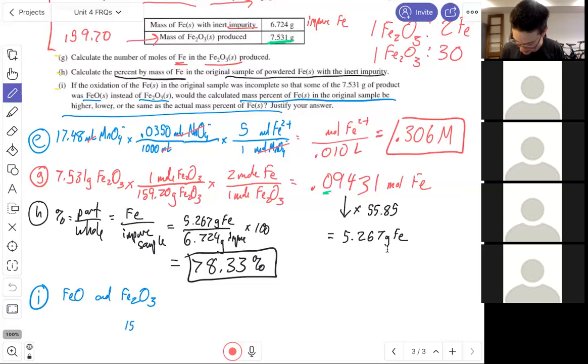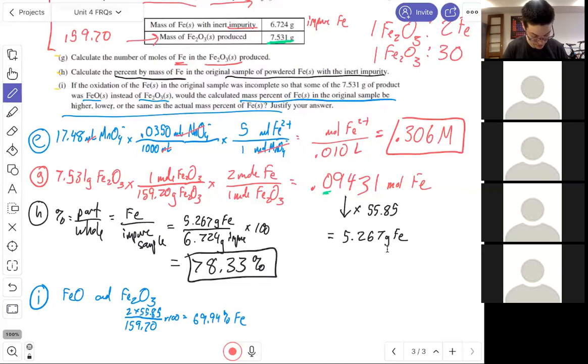We already said that the molar mass of this was 159.70. So 2 times 55.85, so that mass percent would be 69.94% iron.